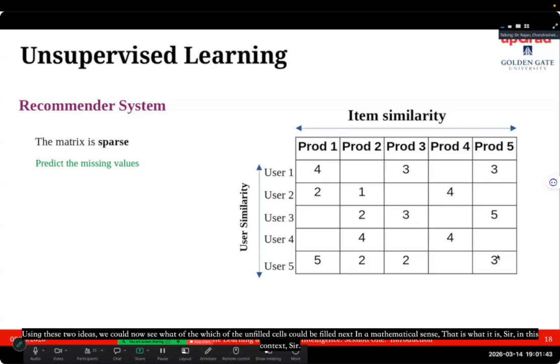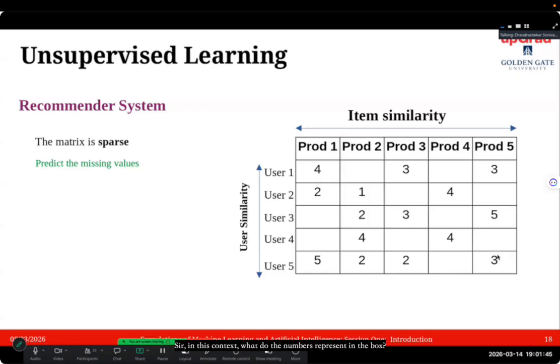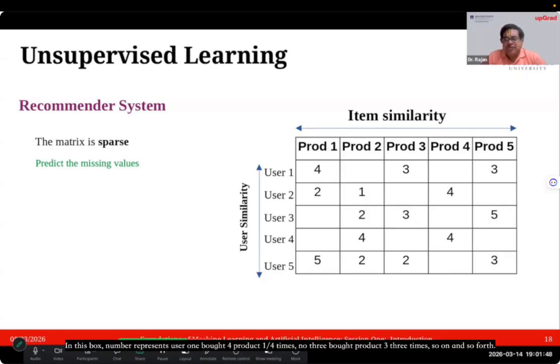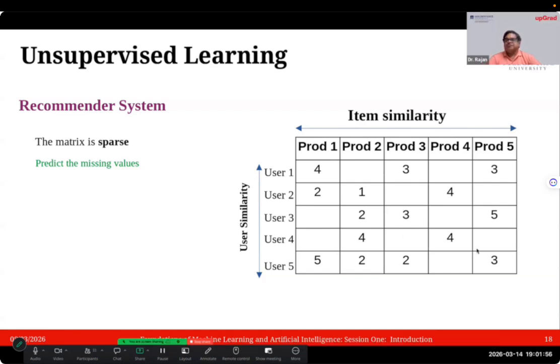In this context, what do the numbers in the box represent? In this box, the number represents that user one bought product one 4 times. User 3 bought product 3 times, so on and so forth.